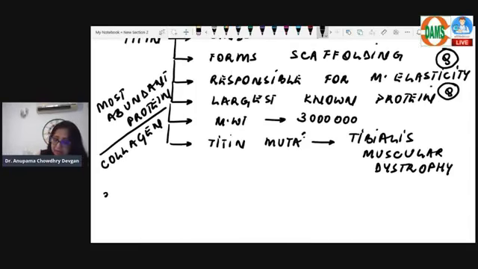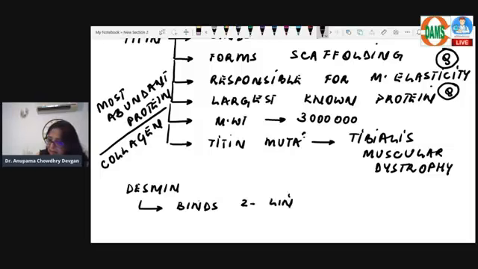Now, another structural protein is desmin. And what is the role of desmin? Desmin binds the Z line to the plasma membrane.